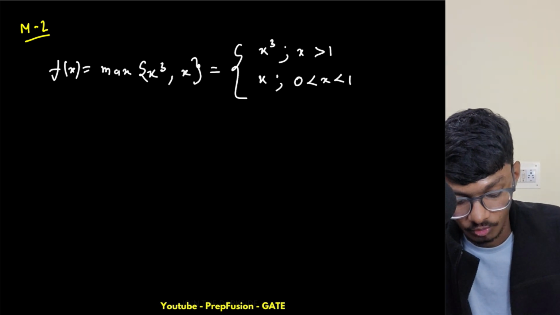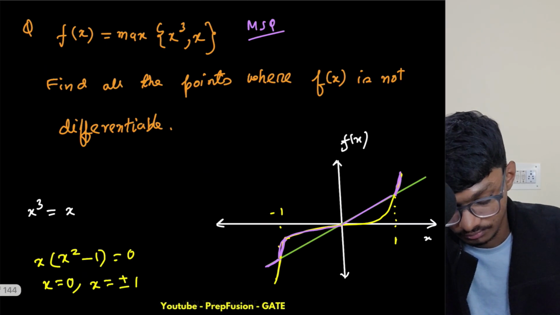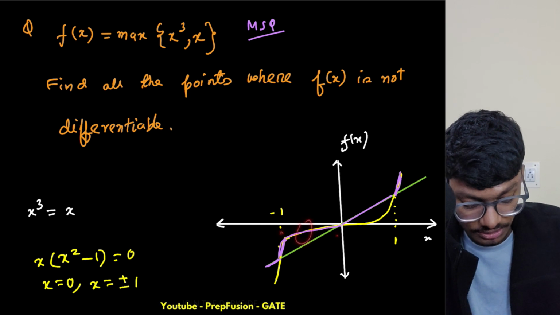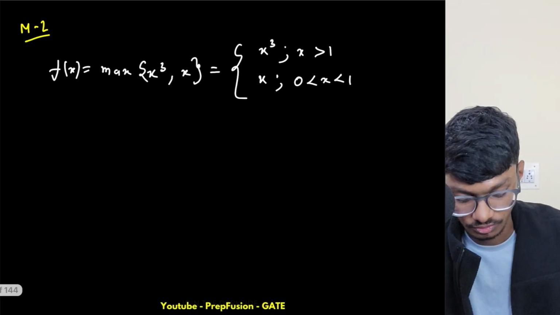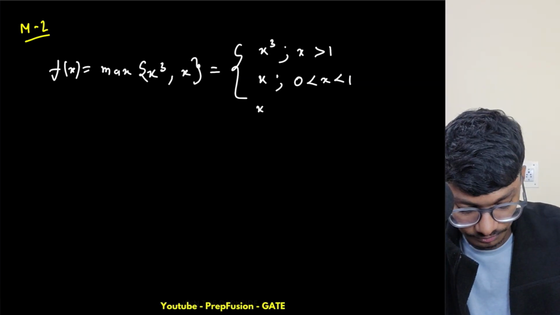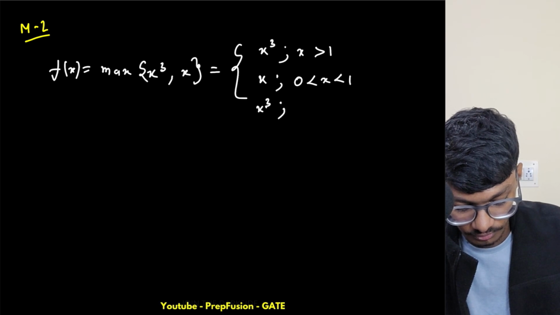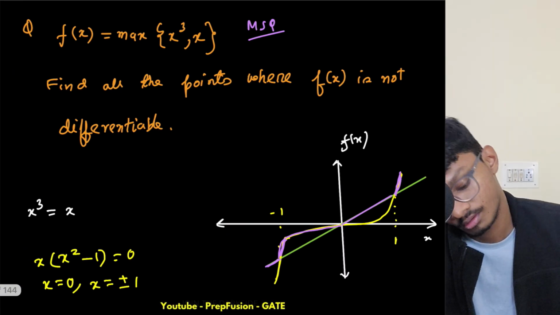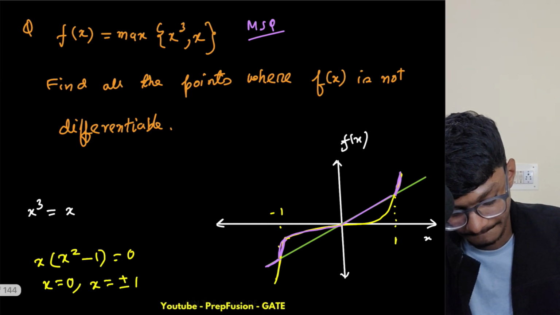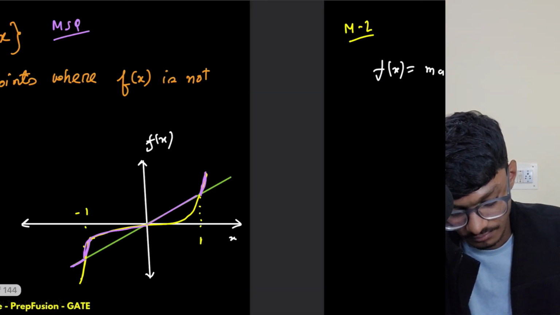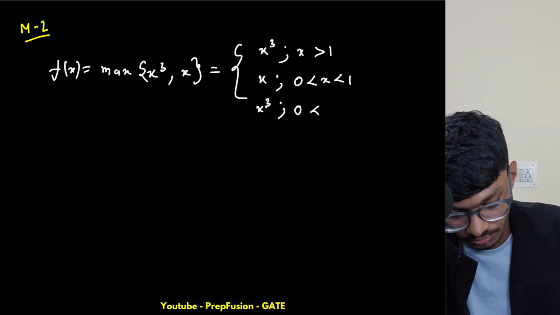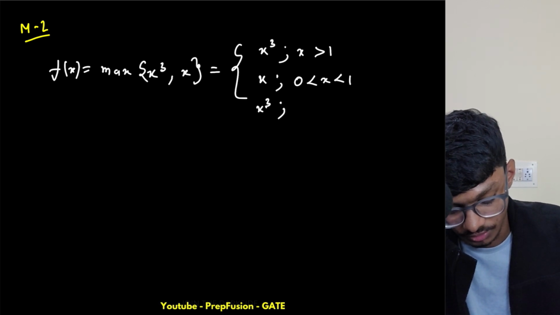Now when my x is between these regions, this time my cubic graph is again higher, so it will be equal to x cube, when x is greater than minus 1 and less than 0.